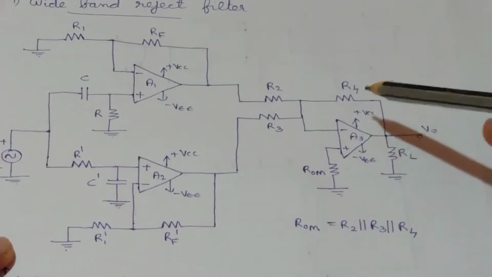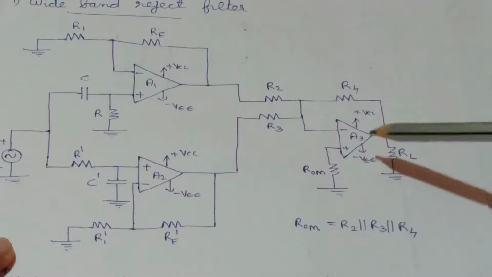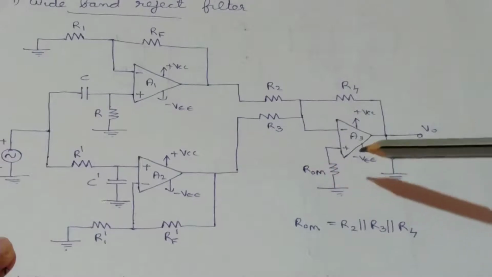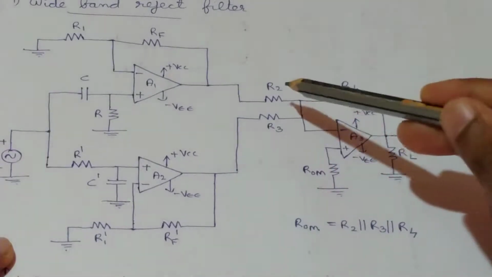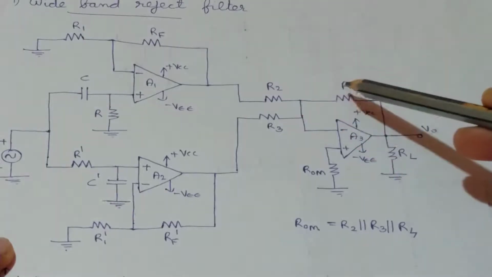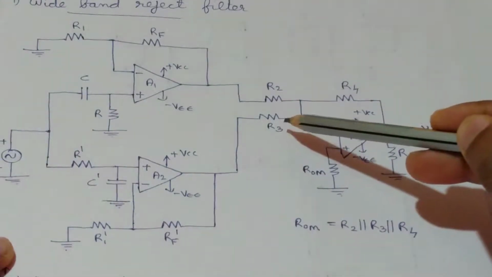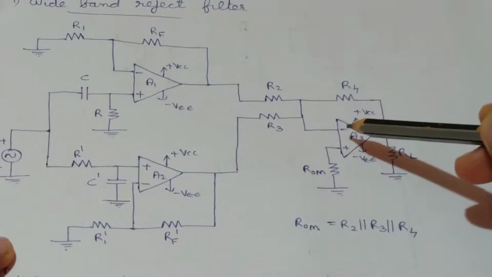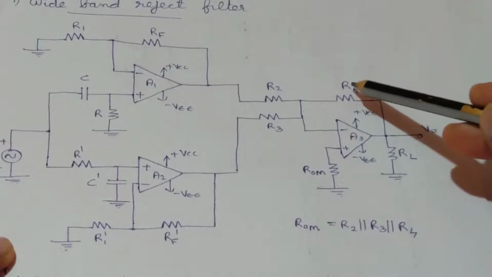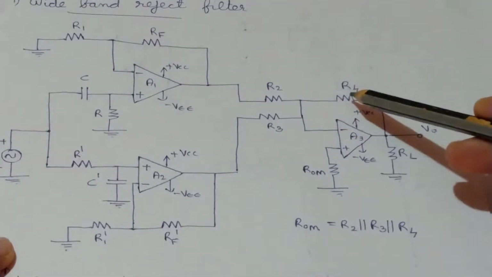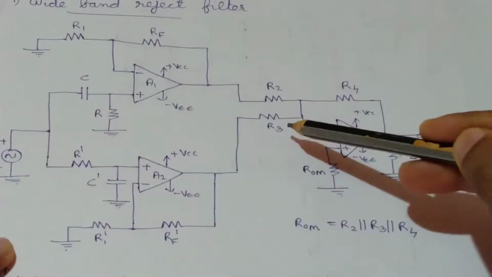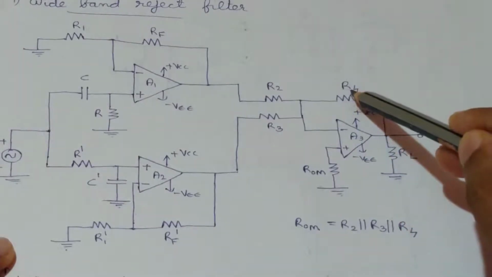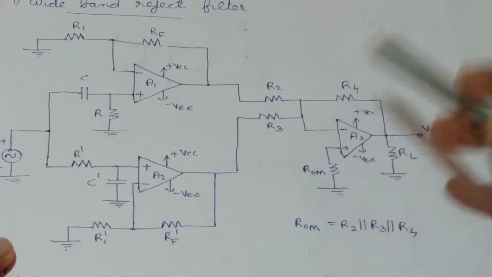Here we can see this amplifier section is an inverting amplifier, and since this section is not providing any gain, this R4 resistance must be equal to R2, and also R4 must be equal to R3, because this is an inverting amplifier, and for an inverting amplifier its gain is minus R4 by R2 and also minus R4 by R3. So when R4 is equal to R2, its gain will be 1, and also when R4 is equal to R3, its gain will be 1.